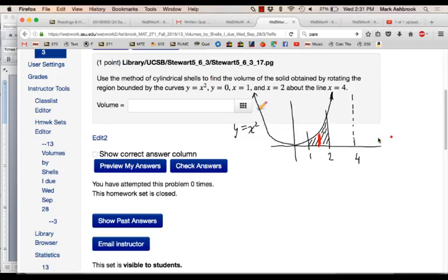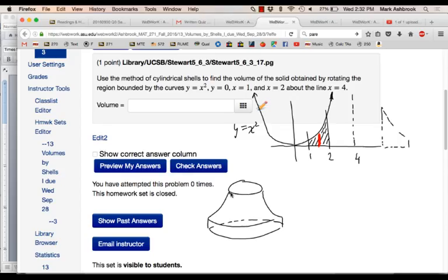Okay, and we're going about x equals 4, so we're going to get this thing reproduced over here. When it hits 180 degrees, it'll look something like that. And so we'll get something similar to the last one. That was like a bell.